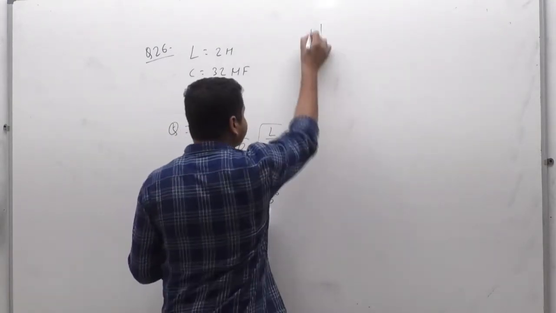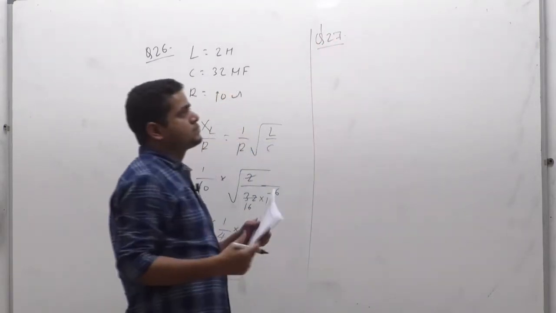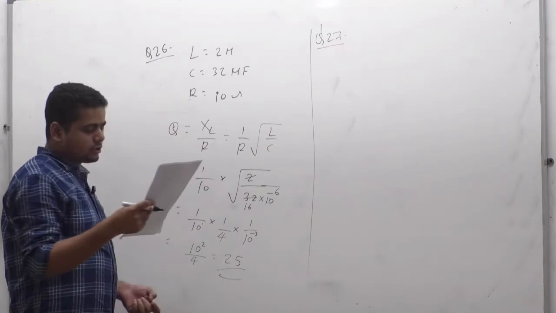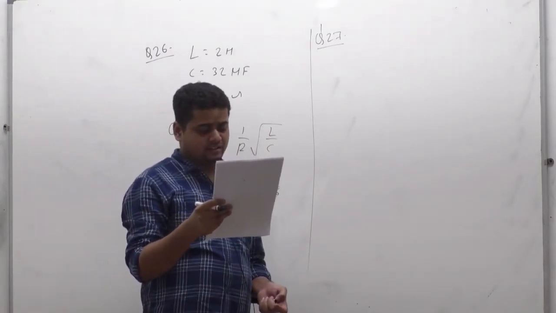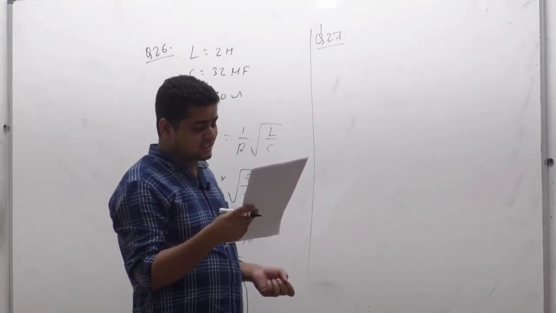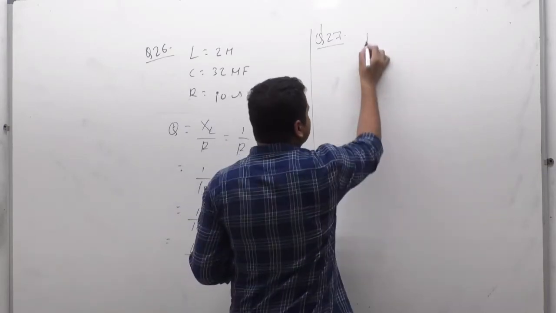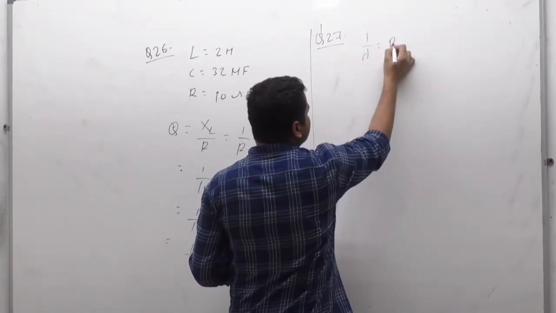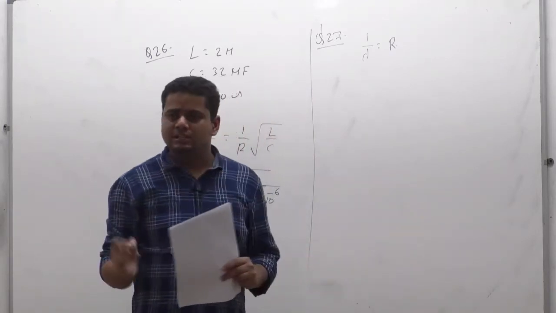Next is question 27. In question 27, what they have given to us is the wavelength of radiation emitted when an electron jumps from the third to the second orbit of the hydrogen atom is lambda. So we know that relation now, 1 by lambda equal to R. This is the hydrogen atom, so the atomic number of hydrogen is 1.